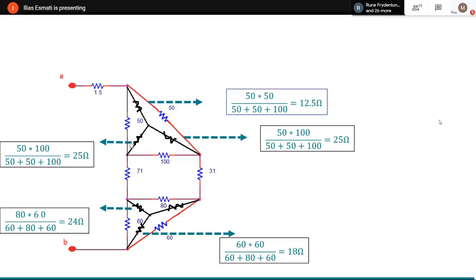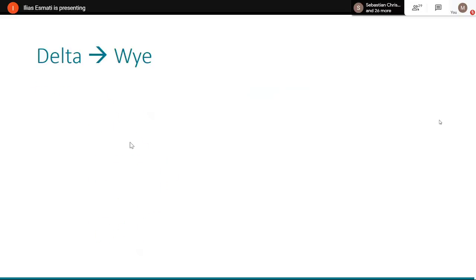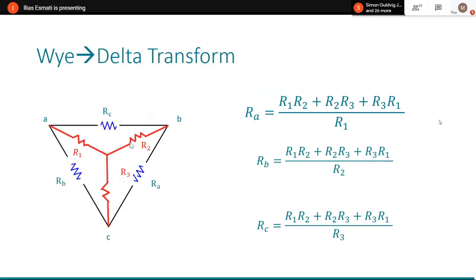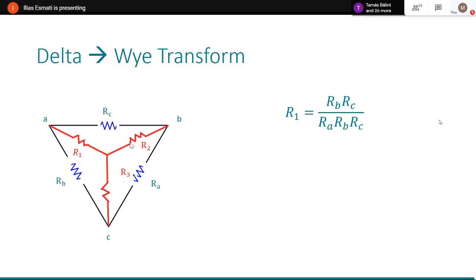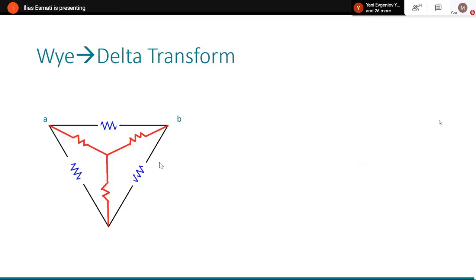Okay. Elias? Yes, please. Can you go back to the formulas? Yes. The formulas. Here. So we have the other ones. Yeah, there we go. There's a typo. RB is this one multiplied by RC. Yeah, but your denominator is RA times RB times RC, but it should be plus instead.